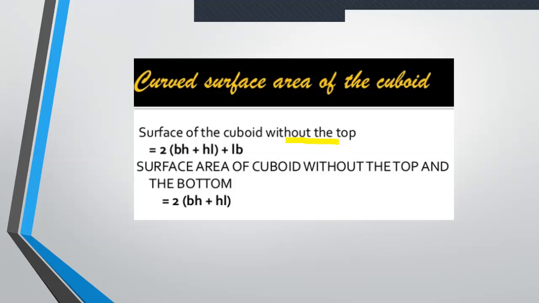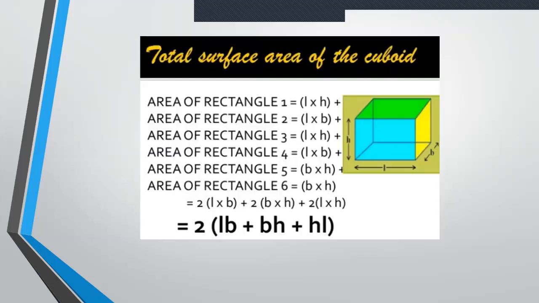You can directly do the main formula without the ceiling. Surface area of the cuboid without the top and the bottom, you can use the formula. You need not use it if you know the actual one. So it is twice of BH plus HL. It's up to you, I'm fine with it. You can use anything.